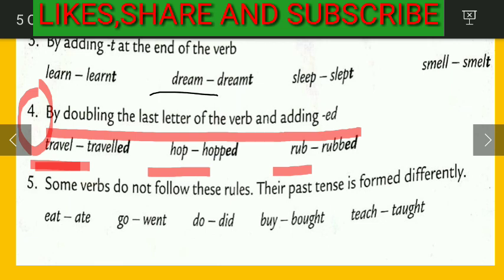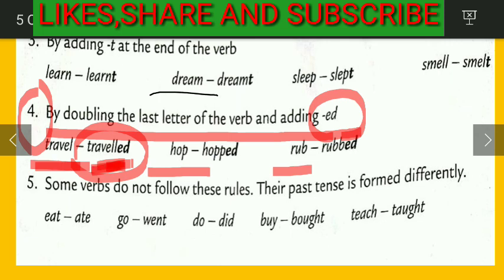TRAVEL. But while changing it into simple past tense, we are doubling the last letter of the given verb, and here in travel, L is the last letter. That's why we are doubling L. That one is double L, and after that we have to add ed to the given word.